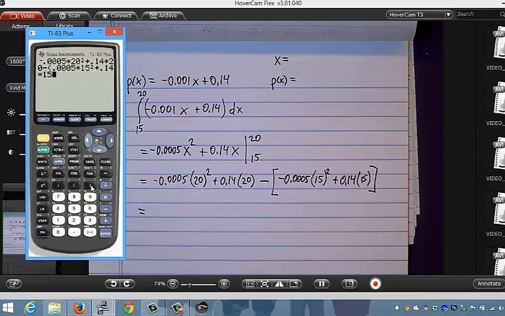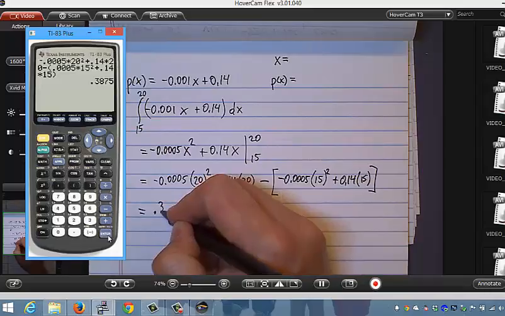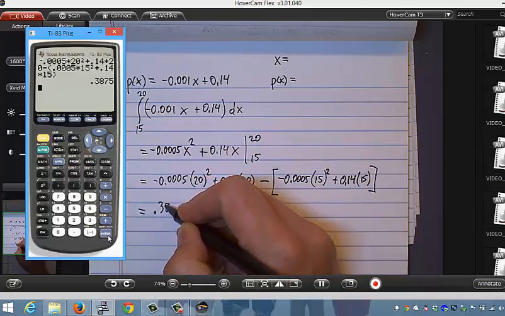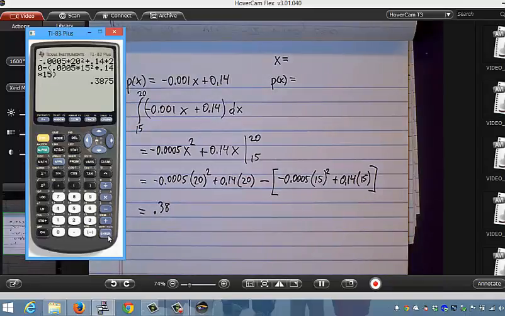Close parentheses, and that should be it. 0.3875. Anyone else get that? No? Did I make a mistake? It should be negative 0.0005. I missed the negative. I put a 3 instead of a negative, and then I didn't correct it.